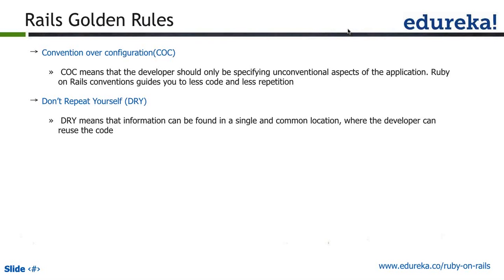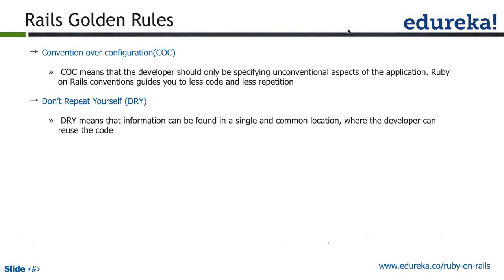You have to set all those names, and it goes on to very basic things like, if my controller name is, let's say, welcome, what would be the name of my view folder?